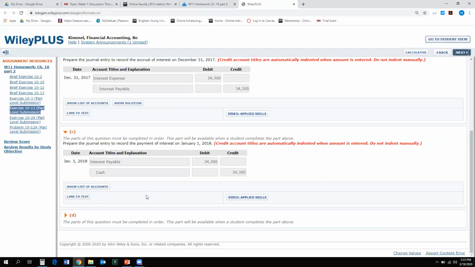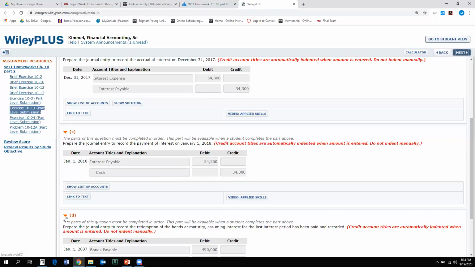Okay. So when they actually pay their interest, then the next day, that's why I always hate when they do these on December 31st, because I have to do this whole adjusting entry, and then the next day I have to go back and show the actual payment of the interest. So the interest payable will be debited, the interest payable account will go back to 0, and then my cash will go down.